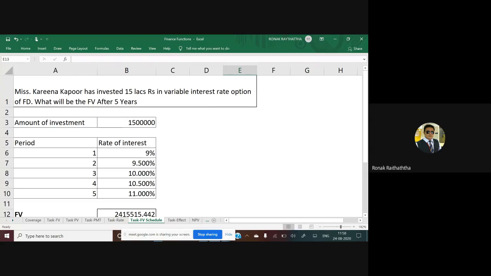Variable rate of return would vary based on certain parameters, certain benchmarks. Those benchmarks might be a repo rate, some other kind of rates as well. Now there are certain options given by the banks which give you a variable rate of interest. So say she expects in year number 1 9% return, in year number 2 9.5, then in year number 3 10, year number 4 10.5, year number 5 11%.